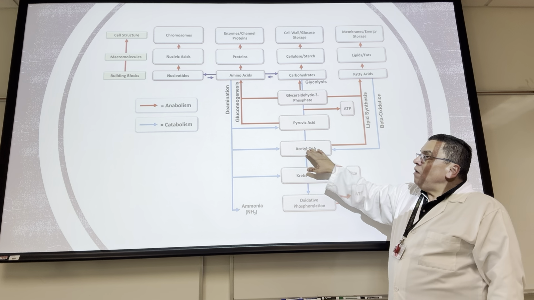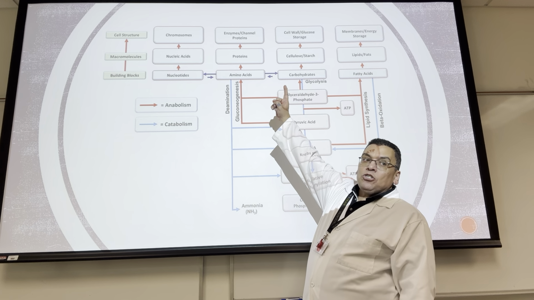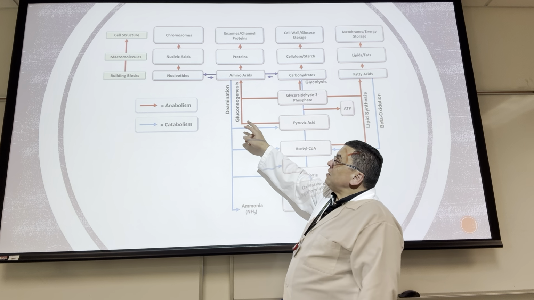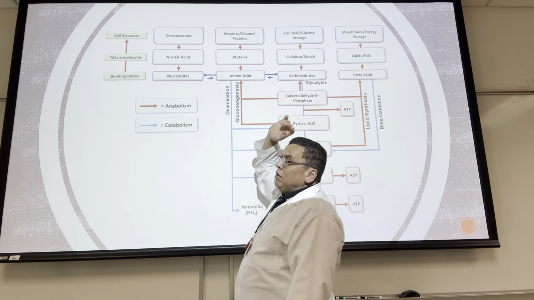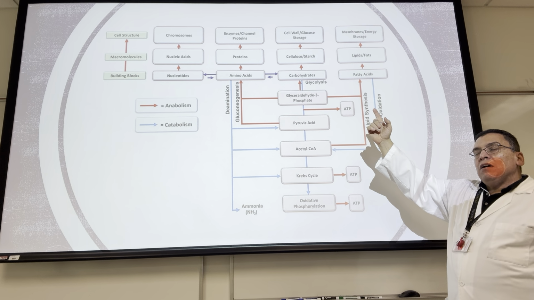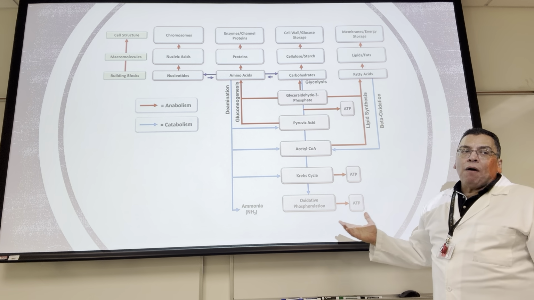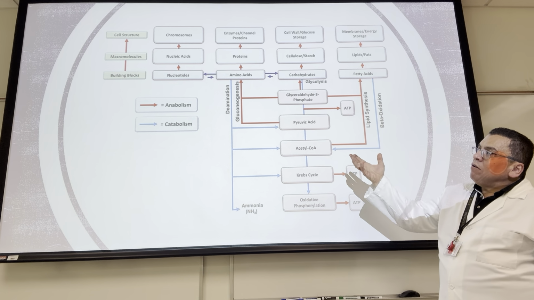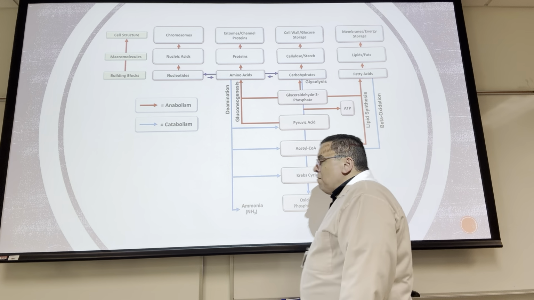With acetyl-CoA, I can make sugar again. And that's called gluconeogenesis, the formation of new sugar. If I go this way, I can make sugar instead of breaking it down this way. Blue arrows are catabolic. Red arrows are anabolic. You don't need to memorize this.